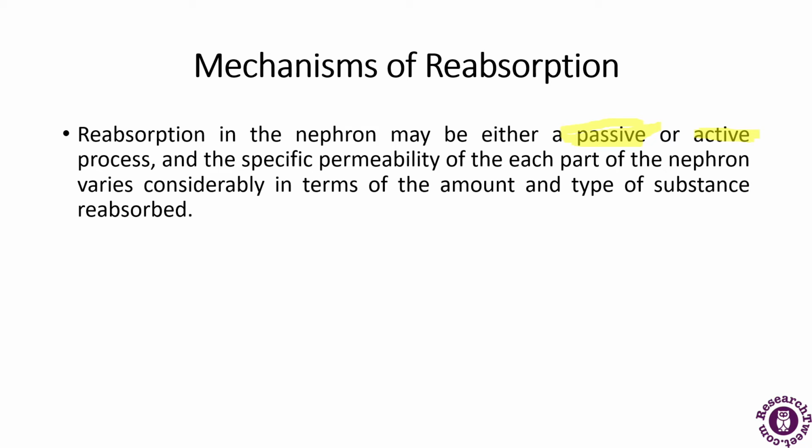And there is a term which is also called co-transport. In the process of co-transport, there is reabsorption of water. Water follows other molecules that are being actively transported, particularly glucose and sodium ions in the nephron.